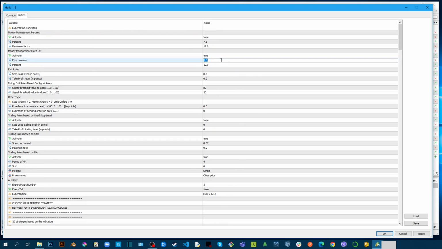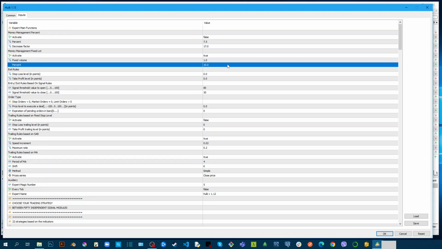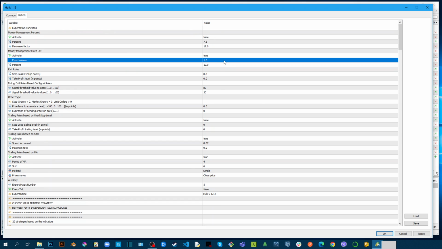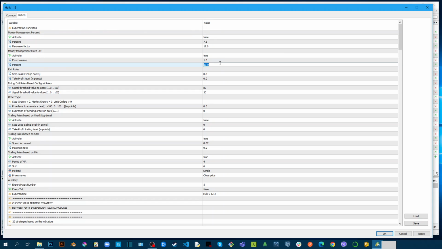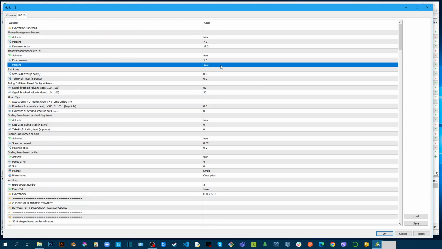And simply choose here how much lot size you want to risk per each pending order, and everything depends on how much money you have in your account. And the second input is percent: how much percent you want to risk from your initial balance. In this case it is 10%.